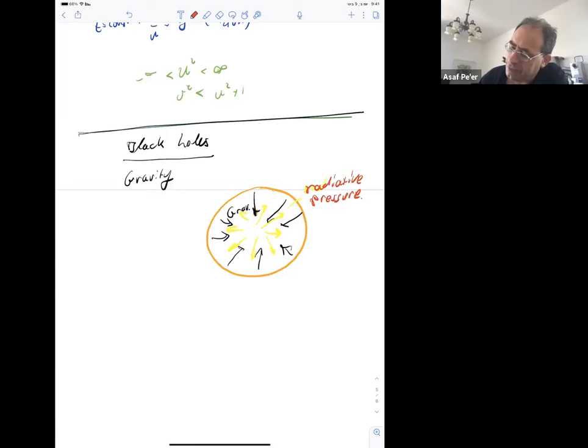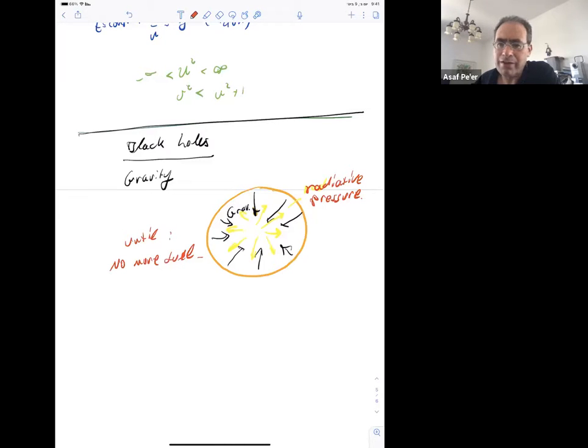So it runs out of fuel, and when there is no more fuel, then that's it. It will first expand, but that depends on the different reactions that happen inside. But then it will start shrinking because there will not be any balance anymore between the radiation and the gravity.